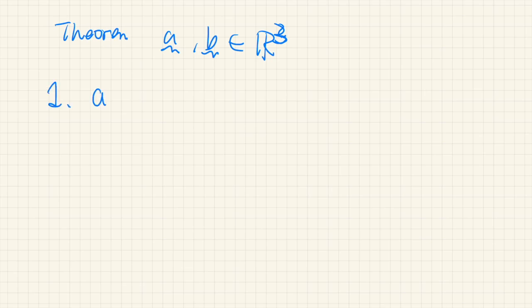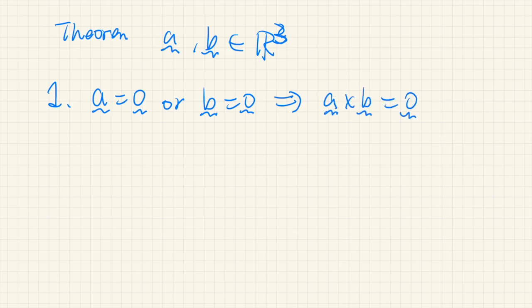Okay, now let's see some basic properties of the vector product. Here's a theorem. We assume A and B are three-dimensional real vectors, and then we have the following properties. 1, if A is a zero vector or B is a zero vector, then A cross B is a zero vector.